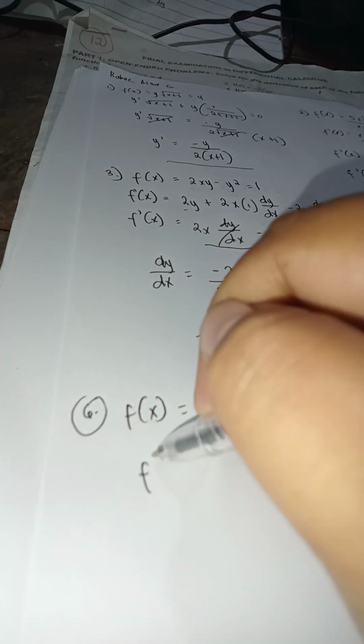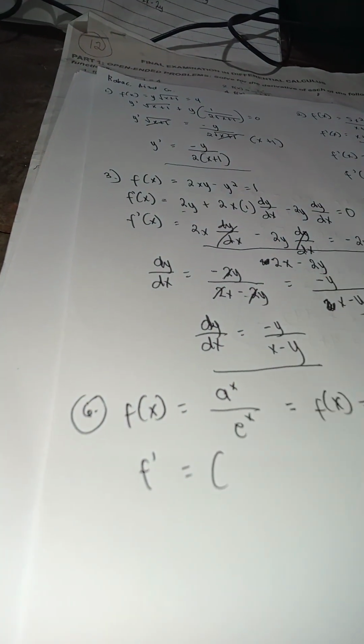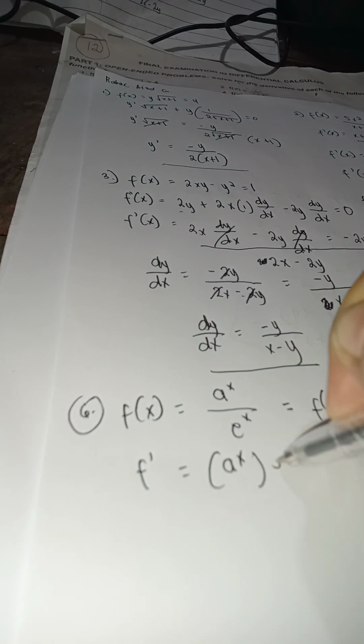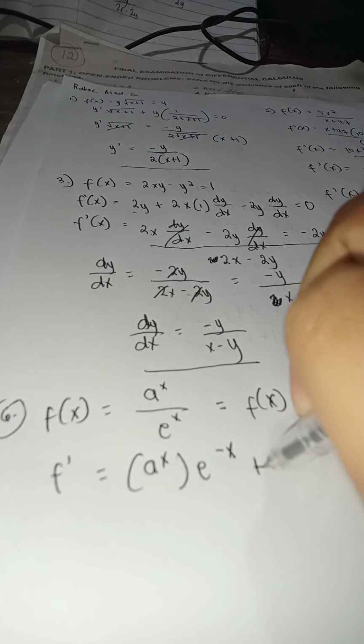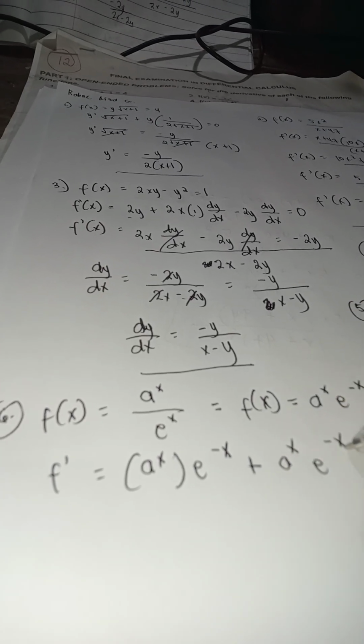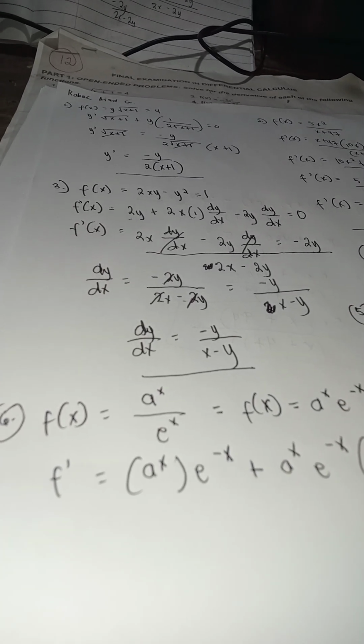So apply its product rule from this. Okay, so f prime is equal to, copy a to the x times e to the negative x plus e to the x e to the negative x times negative 1.